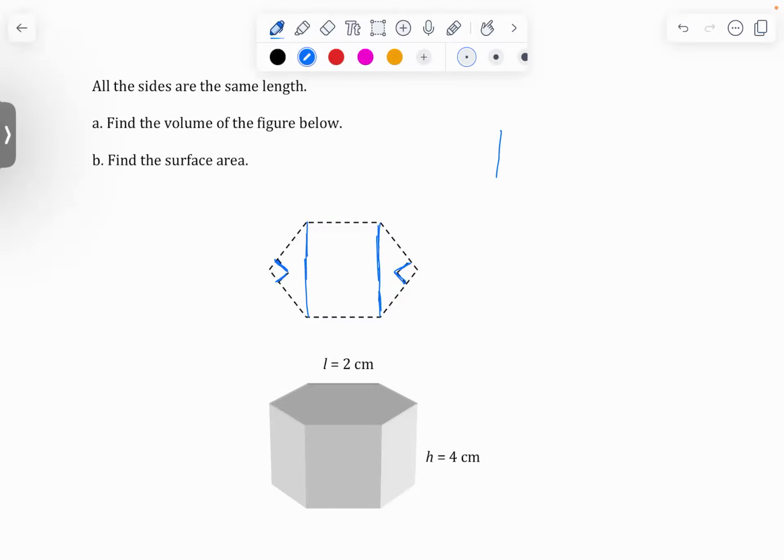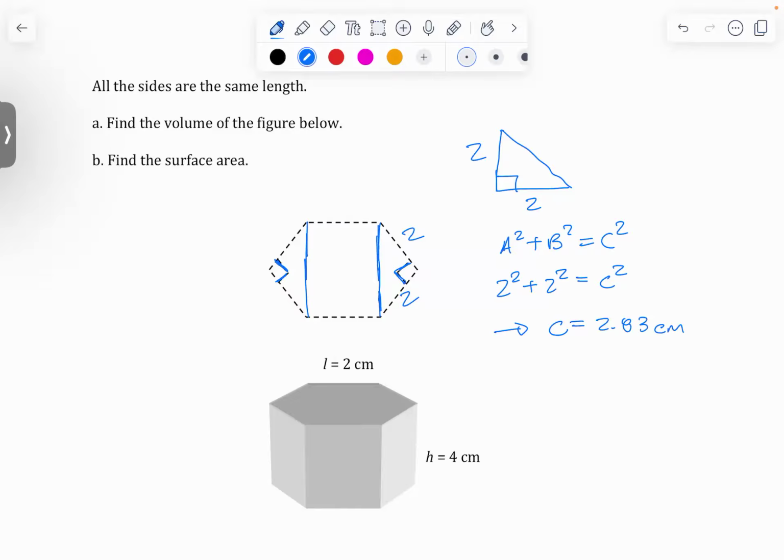So let's start with the triangle. We're told it's a right angle. I have sides 2 and 2. Well, using Pythagorean theorem, I can find the hypotenuse side, which is 2.83.